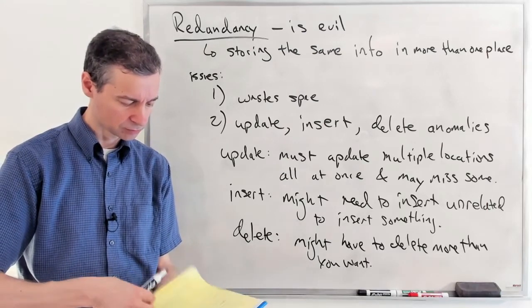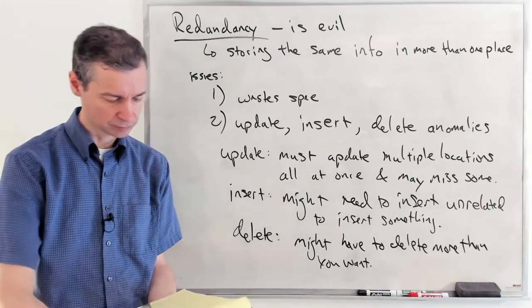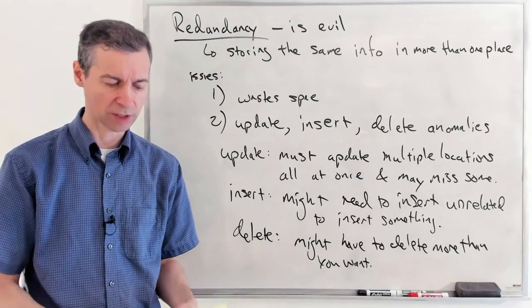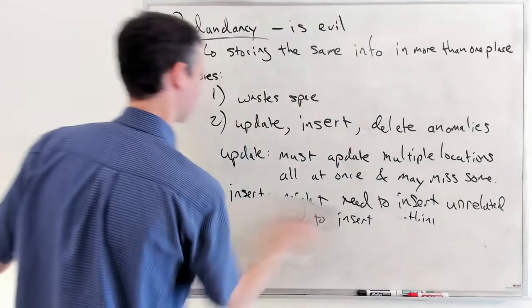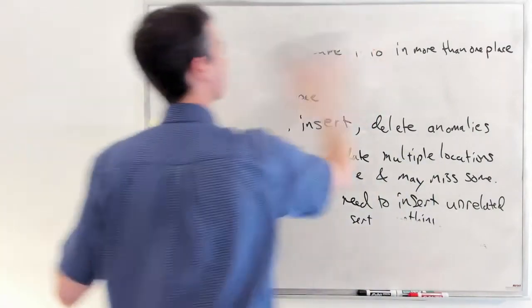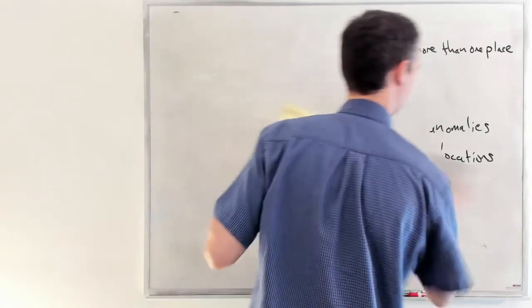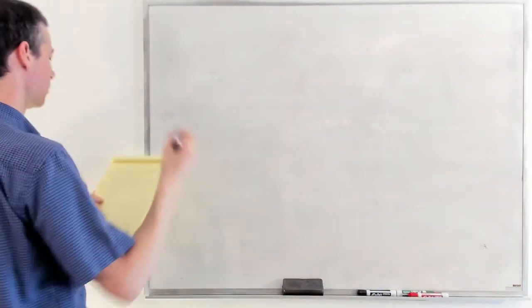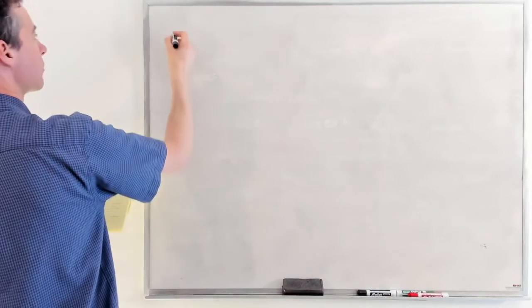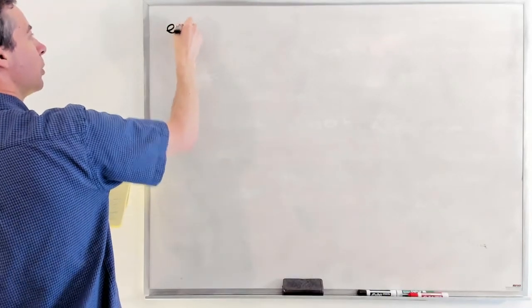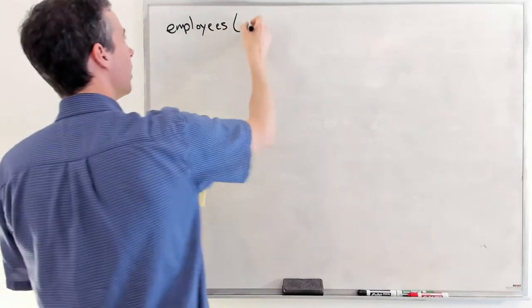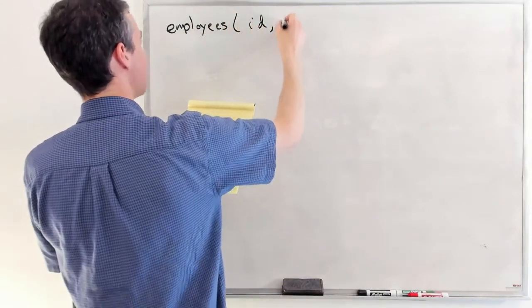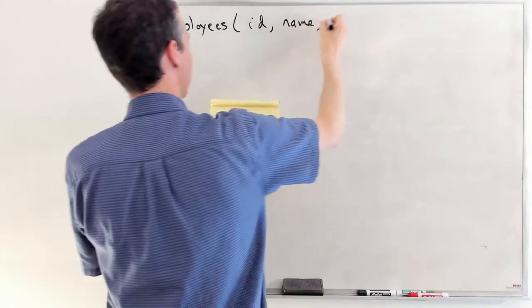So let's look at an example here, and this comes from the Cow book. So we go ahead and they've got a relation, employees. This is actually modified from the Cow book, but each employee has an ID, a name.